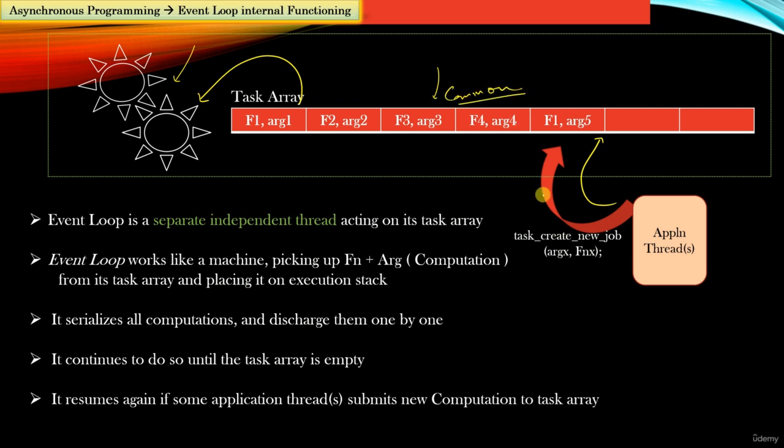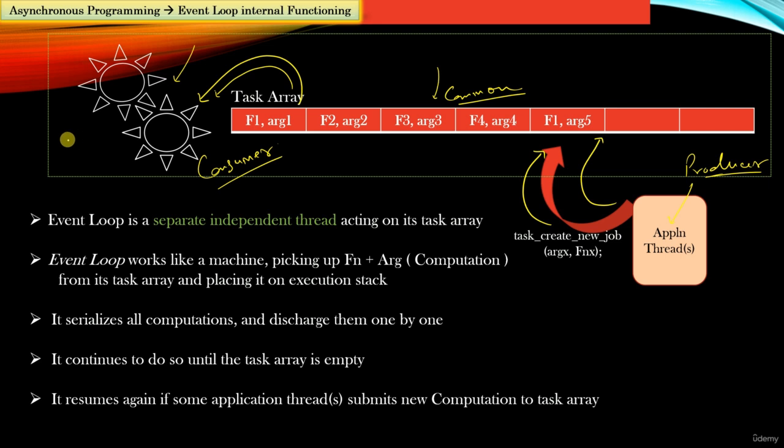The application queues up new elements into this data structure, whereas the event loop thread removes elements from it. So the application acts as a producer, whereas the event loop thread acts as a consumer. This is a typical producer-consumer problem and nothing else.